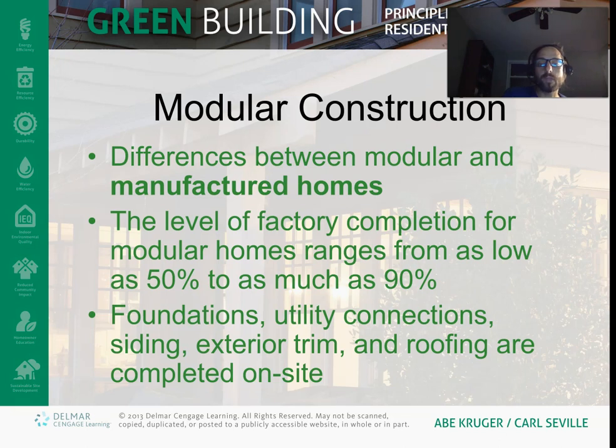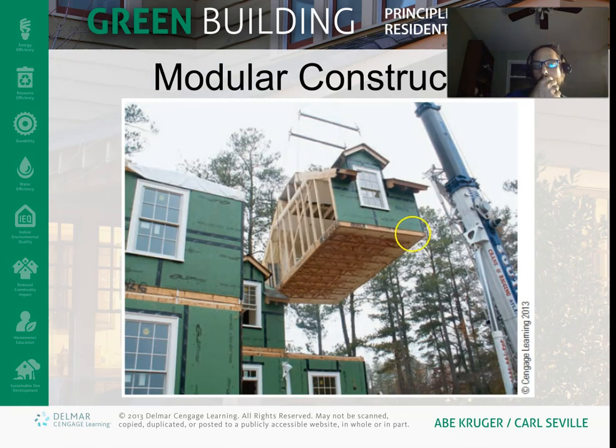So modular construction is where you put the house together in pieces off-site. Here's a good picture of that. You can customize this: you basically put your house together in pieces, and you can put 4 of them together to make a 1,000 square foot ranch, or you can stack them on top of each other and make a 2,000 square foot house. This is really an efficient way to build, because you build them off-site under optimal conditions.